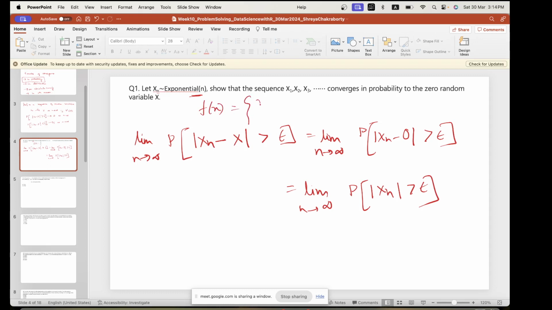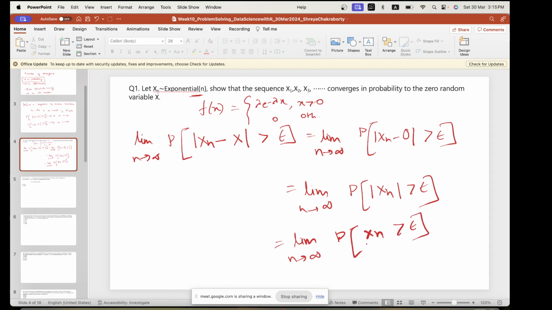This looks like lambda e to the power minus lambda x for all x greater than 0 and 0 otherwise. So all x's are non-negative.